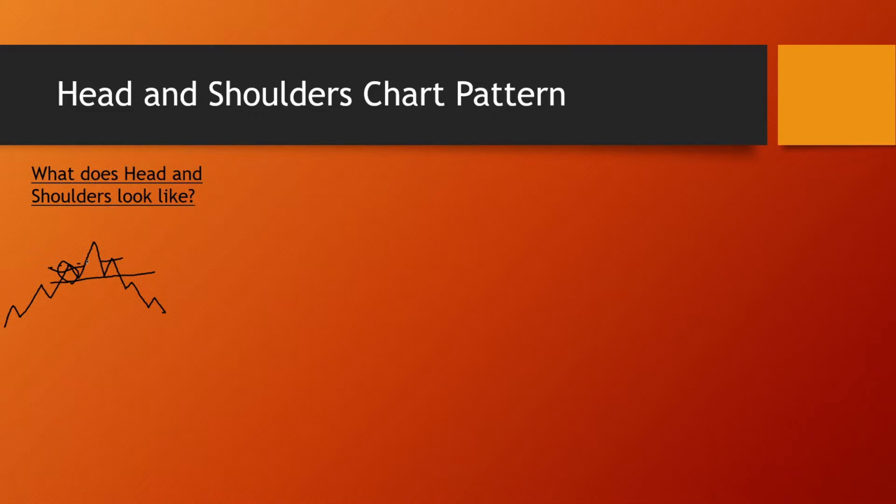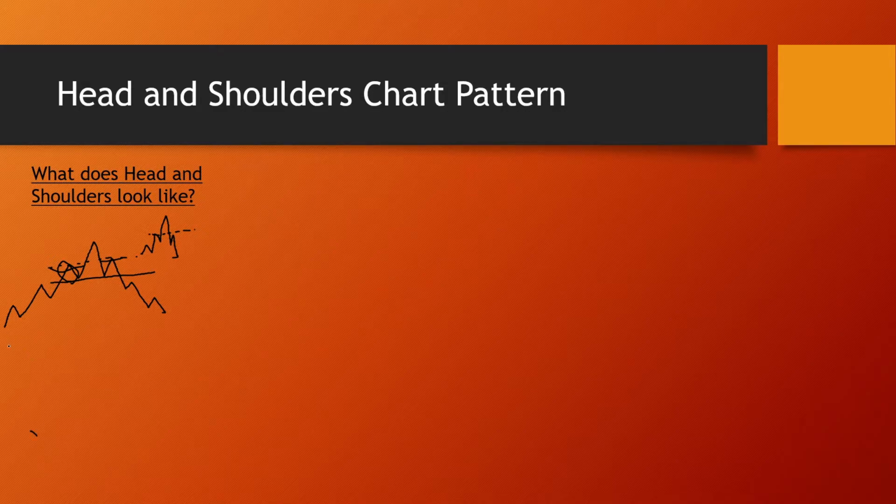But realistically, your two shoulders should have the same resistance line. What you guys will learn later on is it doesn't always need to be exactly the same. So a head and shoulders could kind of look like this, where that's one shoulder, this is a head, and then this is another shoulder, where this one might be a little higher than that one, right? This isn't exactly the same resistance line, but relatively they should be in the same area.